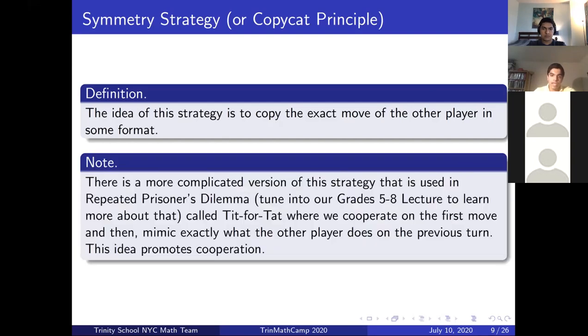There's a more complicated version of this symmetry strategy, the copycat principle, in the repeated prisoner's dilemma, which we'll talk about in the grades 5 through 8 lecture, but I thought I'd mention it. It's a strategy called tit for tat, where we cooperate on the first move and then mimic exactly what the other player did on the previous turn. This idea usually promotes cooperation. In a tournament back in 1980, the winning strategy used tit for tat, and it was only 4 lines of code.